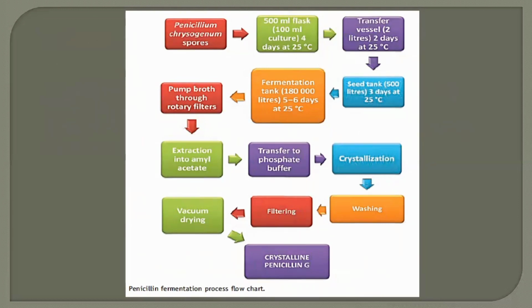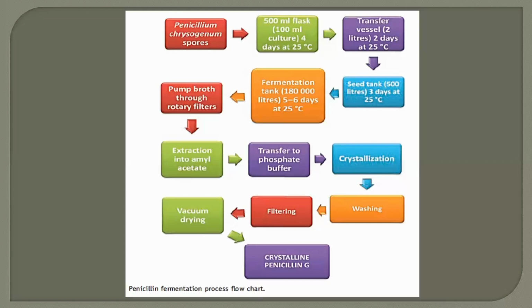The third step is you transfer the content into a vessel of 2 liters and let it stand for 2 days. Number 4, you transfer the content into a seed tank of 500 liters, and you let it stand for 3 days at 25 degrees Celsius also.